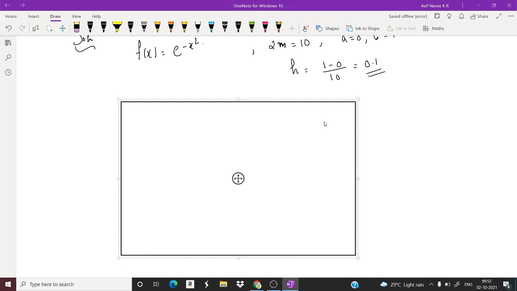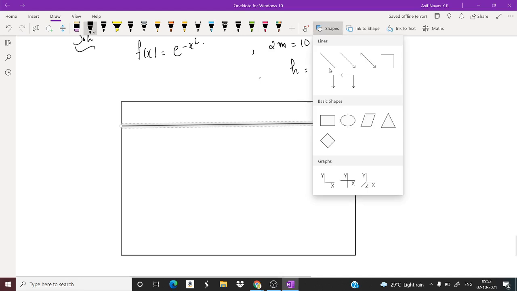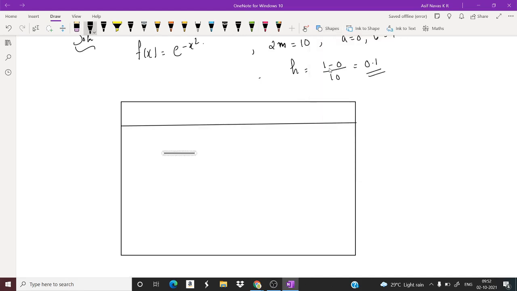Now you draw the table. When you are drawing the table, you just draw like this. X values here.